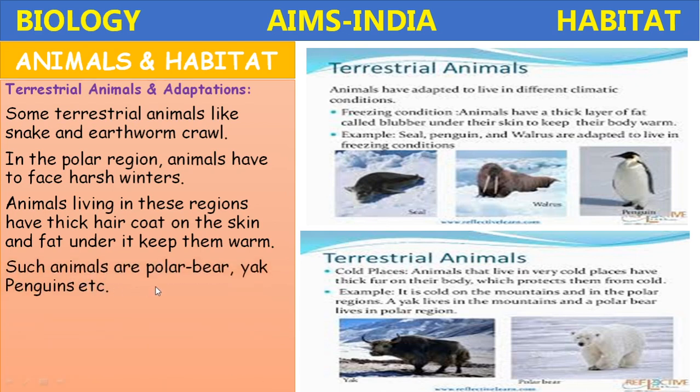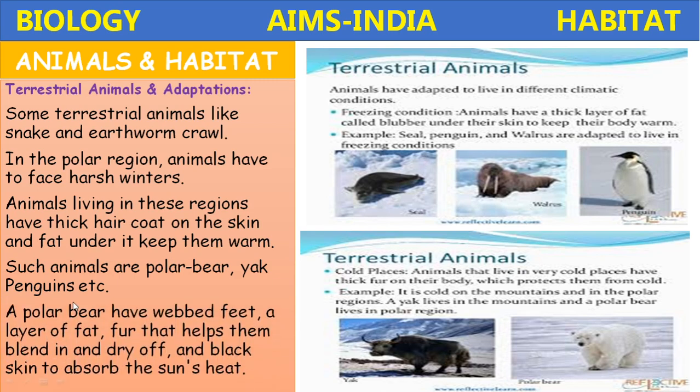Such animals are polar bear, yak, penguins, walrus, seals, etc. A polar bear has webbed feet, a layer of fat beneath the skin, fur that helps them blend in and dry off, camouflage, and black skin to absorb the sunlight and retain the heat. So terrestrial animals are adapted to the polar regions.